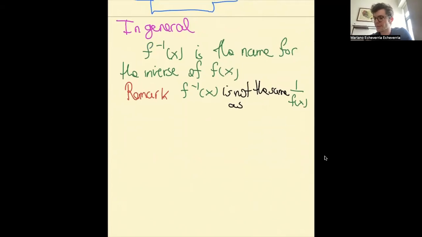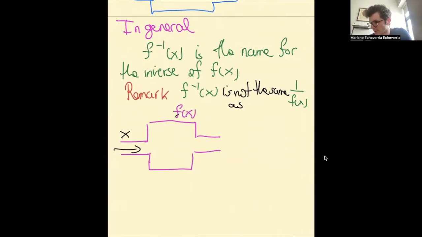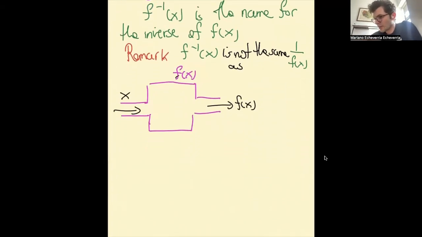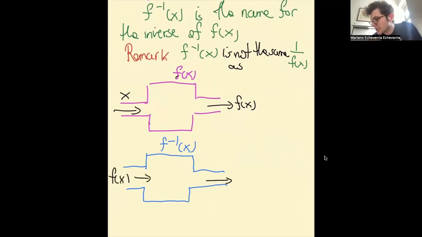So the idea of the inverse of a function is that if you have an input x that spits out the output f of x, then the effect of the inverse is that if you feed f of x to it, it would spit out x.